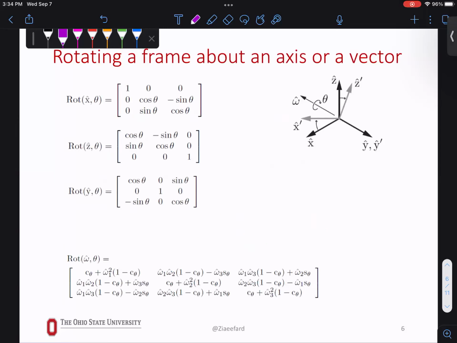The last one, which is probably the most important, and we will use this a lot, is rotating a frame about an axis or vector. We have done rotating about an axis, X, Y, Z, or multiple rotations about those, or rotating about a frame. Those are your principal or basic rotations. The reason is that, let's say this is a vector that has some components in X, Y, Z. Any vector you can find your X, Y, Z representation.